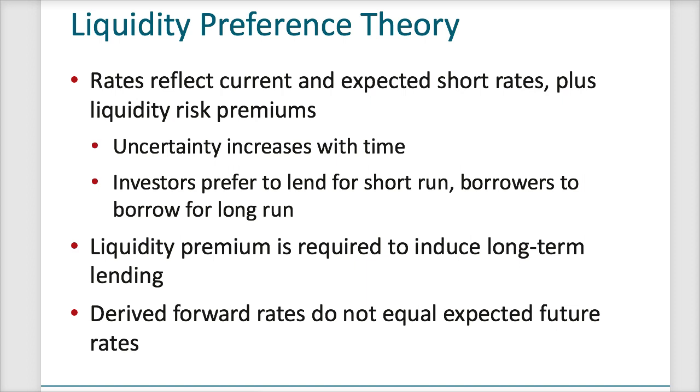Longer time horizons will increase the uncertainty of interest rates, and that means longer term borrowers would prefer higher rates for the lower liquidity and higher risk than short term investors. So this liquidity premium is needed to induce people to buy the longer term securities.